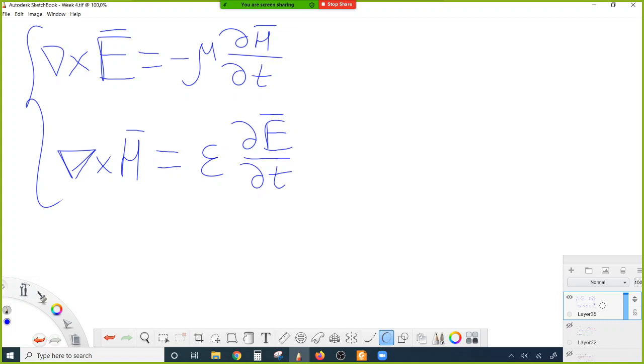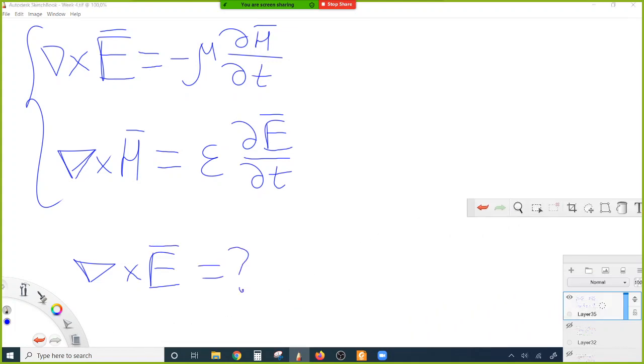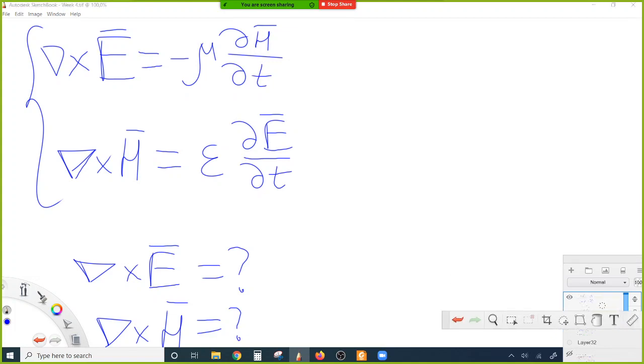Now, first of all, we need to compute the rotor of electric field, equals to what? Rotor of magnetic field equals to what? And from the other side, minus mu dH over dt equals to what?